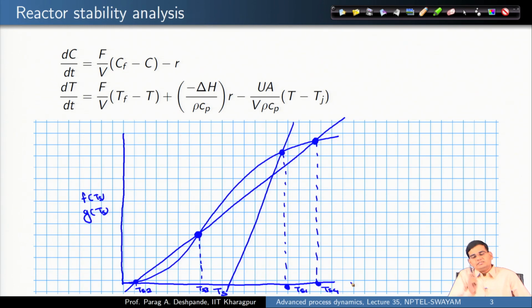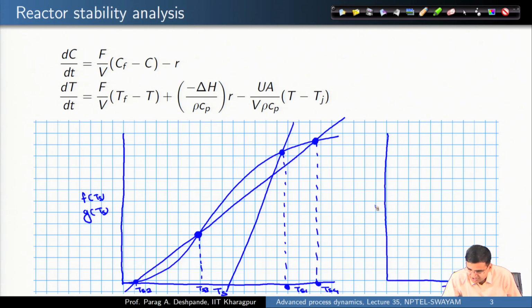So, for the same input flow rate, for the same flow rate of jacket fluid, for the same temperature of jacket fluid, for the same feed concentration, for the same feed temperature and all the material properties, now you have 3 steady state solutions, and then therefore, it becomes imperative to know that if I am going to give the same values of the parameter, where am I going to land up? Because previously we saw the variation of the concentration with steady state temperature.